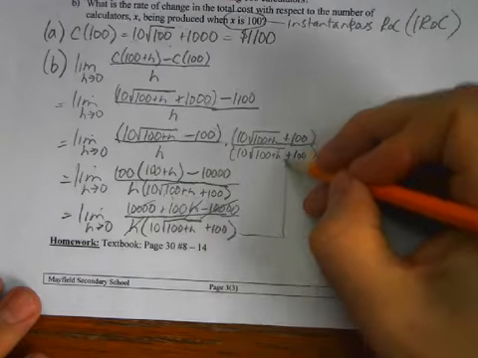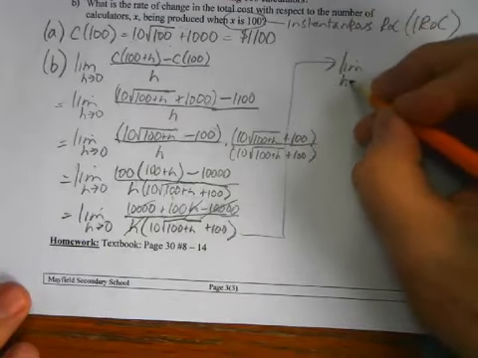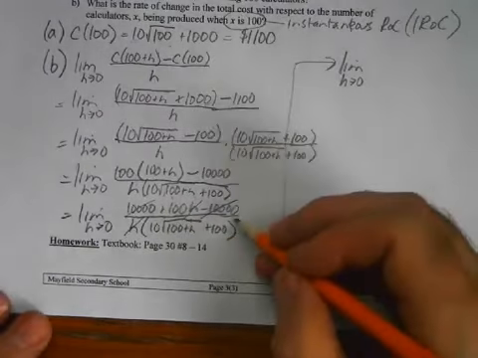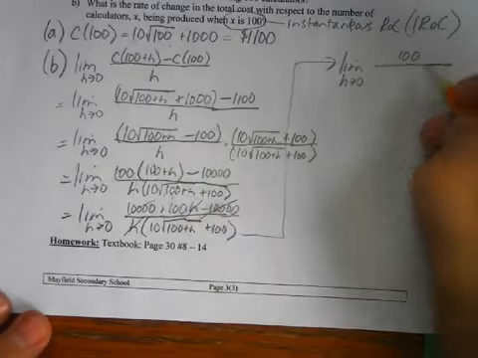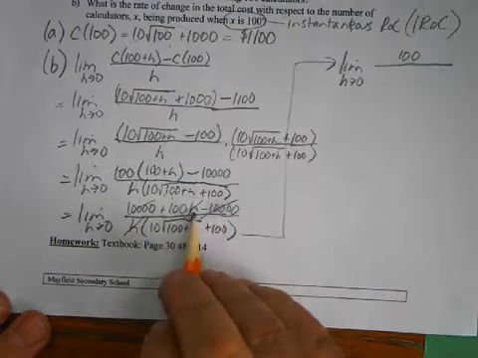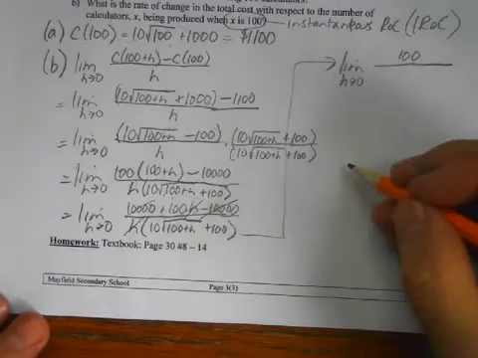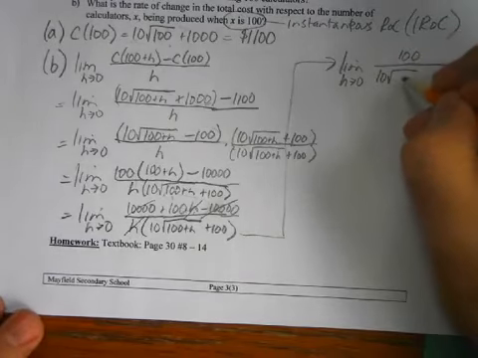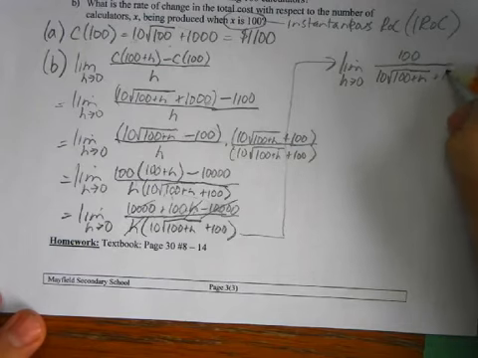And I'm going to continue up here. I've got limit h approaches 0. So what do I have left up here? I've basically got my 100 on the top. Everything else, those two terms are gone. That h cancels with that h. And on the bottom, I've got 10 root 100 plus h plus 100.